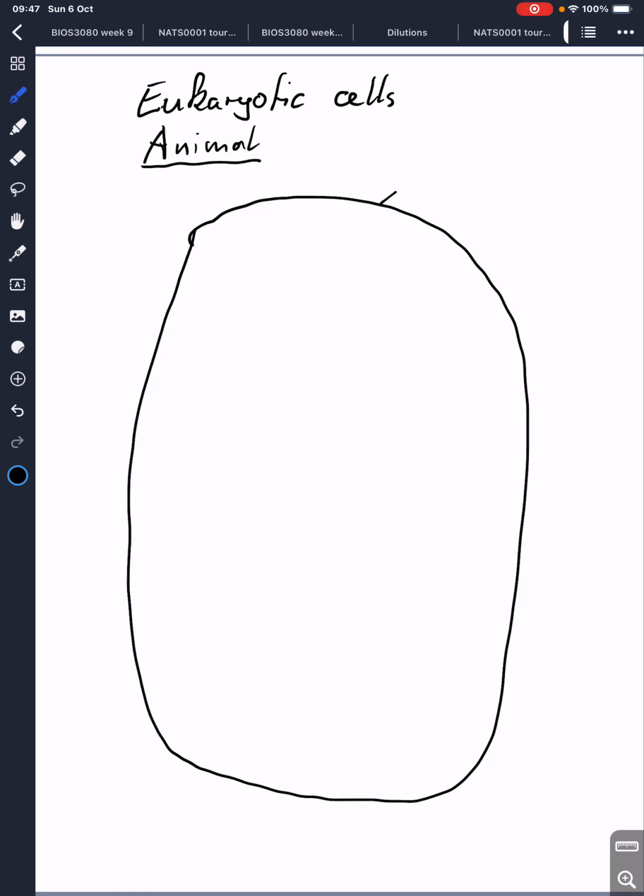So this here is the cell membrane, which is made up of phospholipids, and we will discuss that in more detail in subsequent lectures.